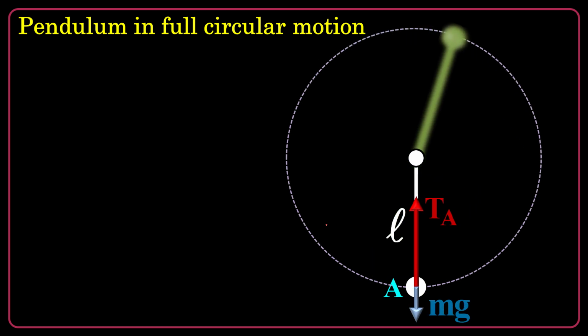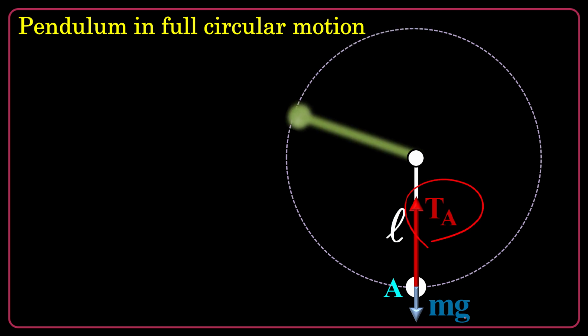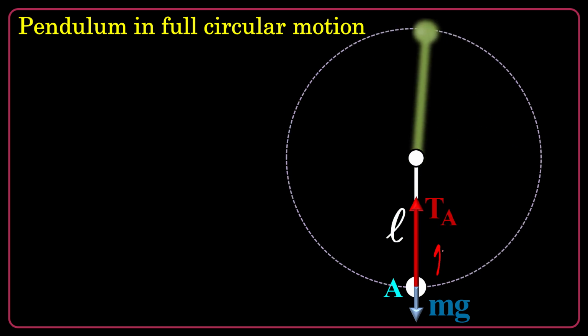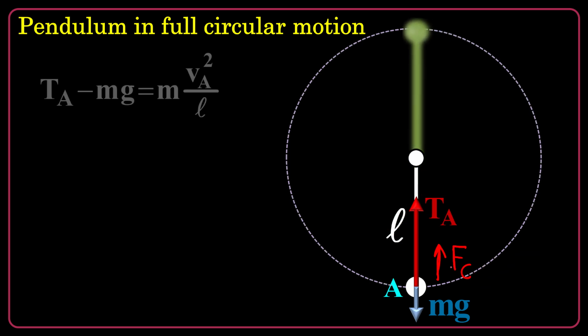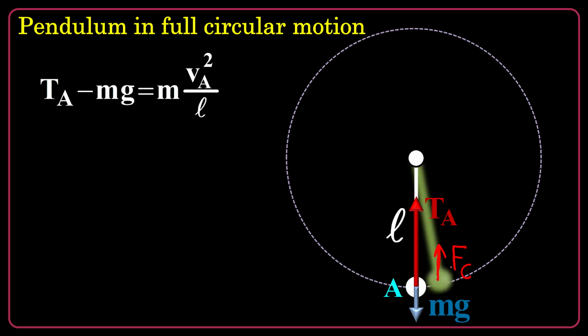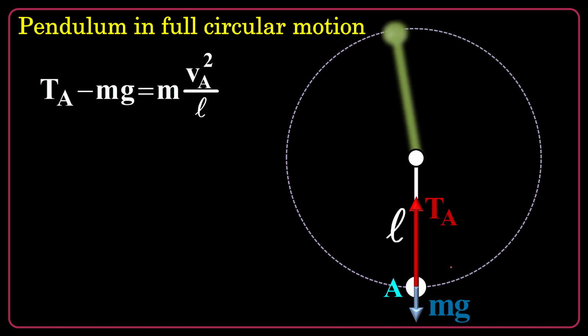You know why TA must be larger than mg, because the centripetal force is always the resultant force to the center. So TA is larger than mg. Here I will write TA minus mg to be mv squared over L at the point A, the bottom point.